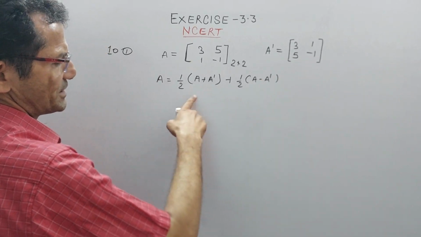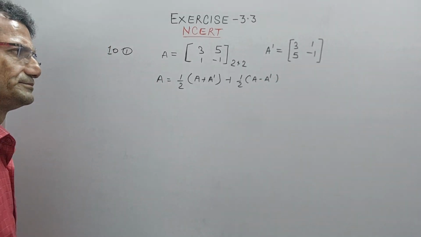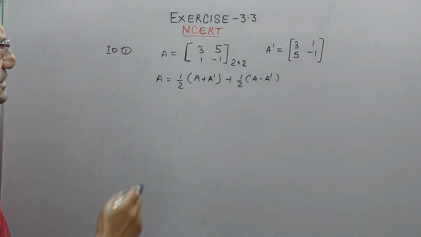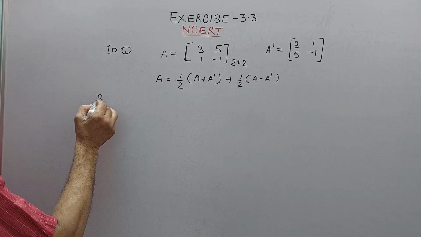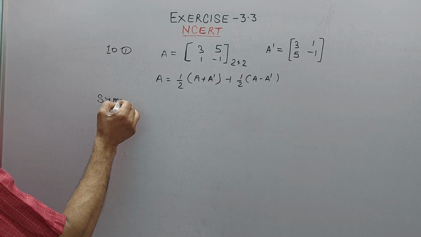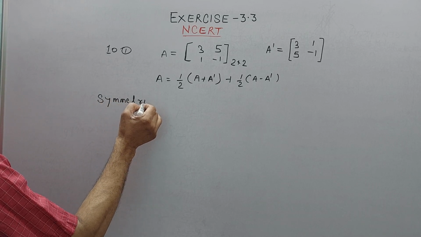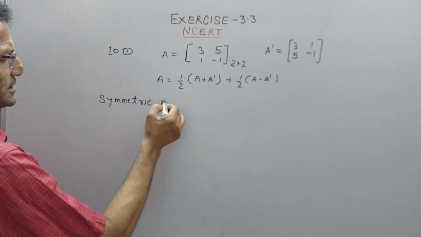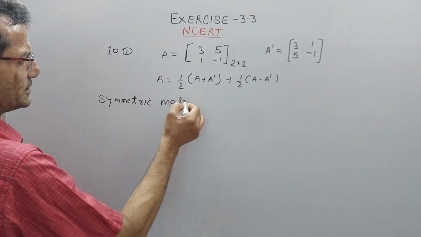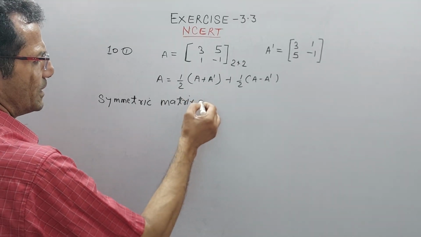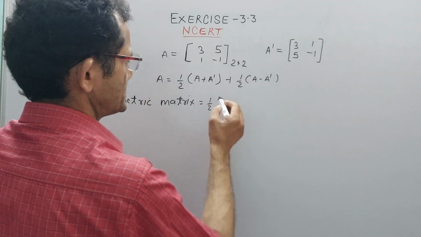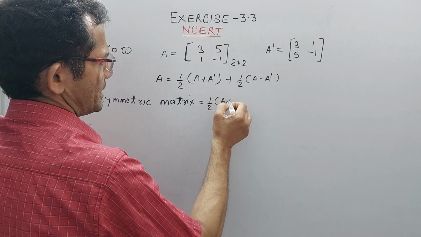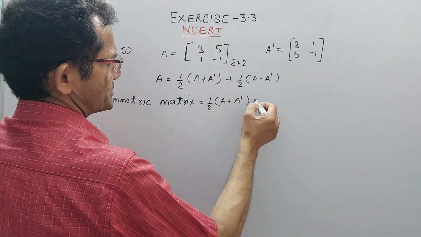If you add these two, you get A. Now the symmetric matrix will be half of A plus A dash, where A dash means the transpose.